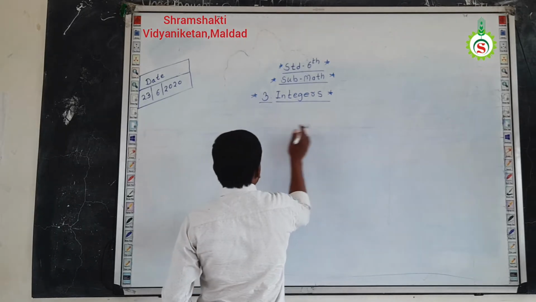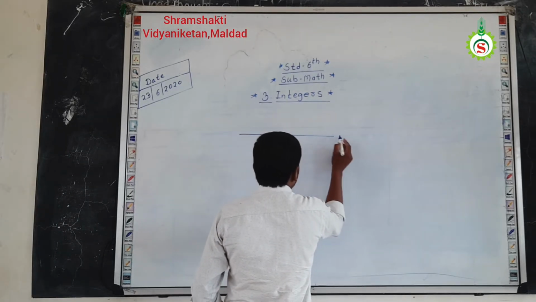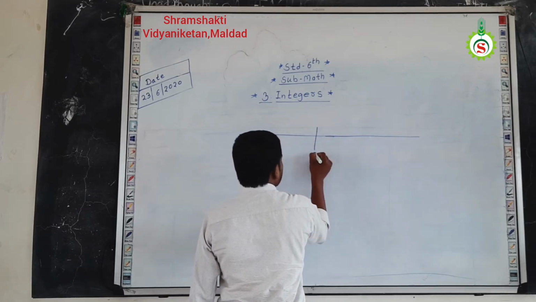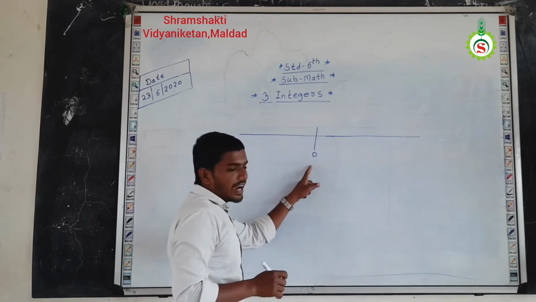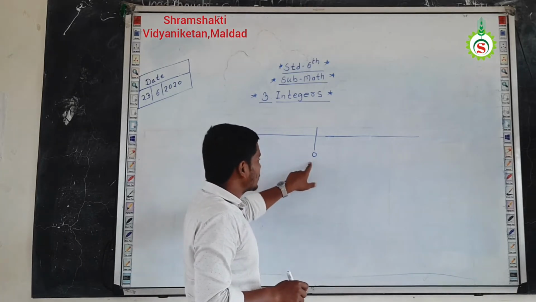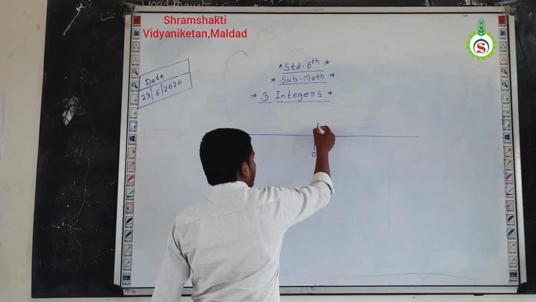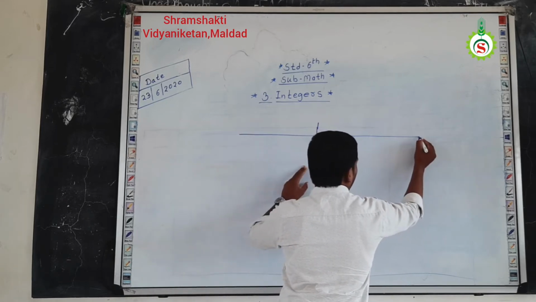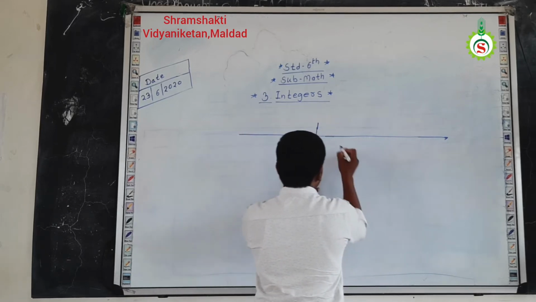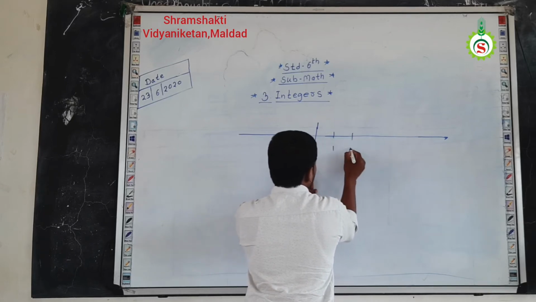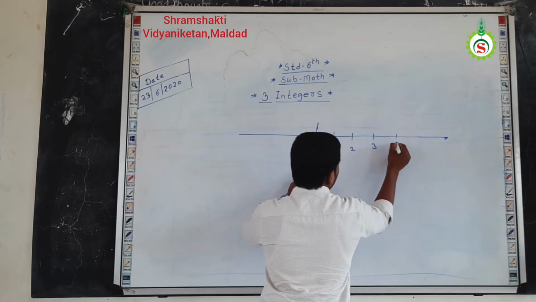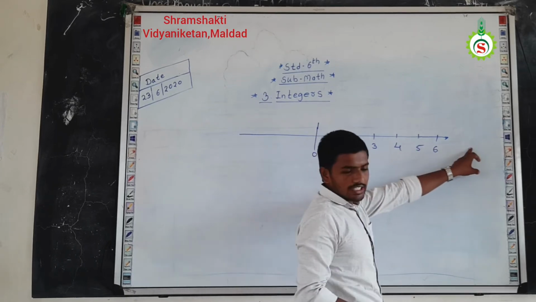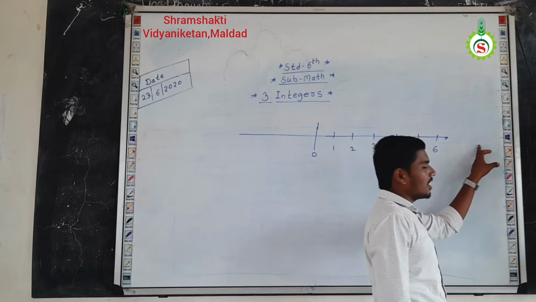So for the integers, I will draw the number line here. On the number line, there will be 0 at the middle. That means 0 is the reference. And above the 0, that means on the right hand of the 0, there will be the positive numbers. After the 6, we can extend the line up to any number.